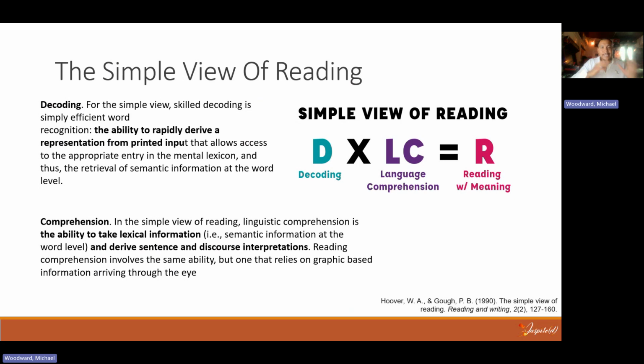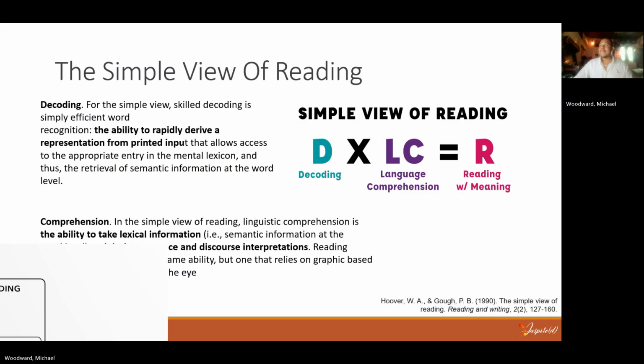They must be able to break down the word, its affixes, suffixes, prefixes, its root word, all the way to being able to derive sentence and discourse interpretations from what is presented, i.e., comprehension.